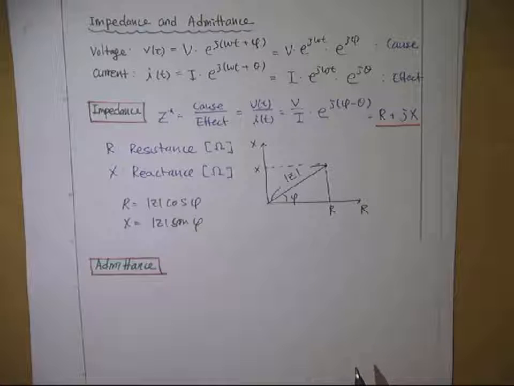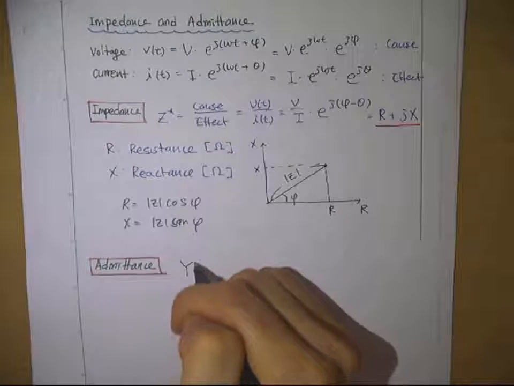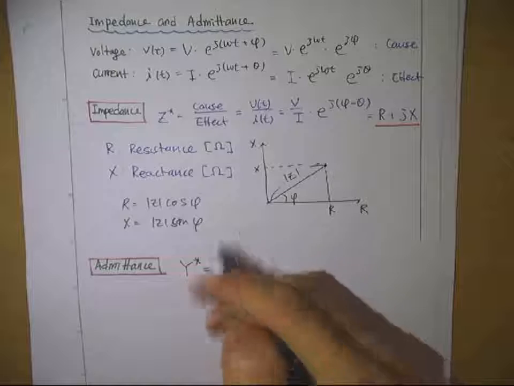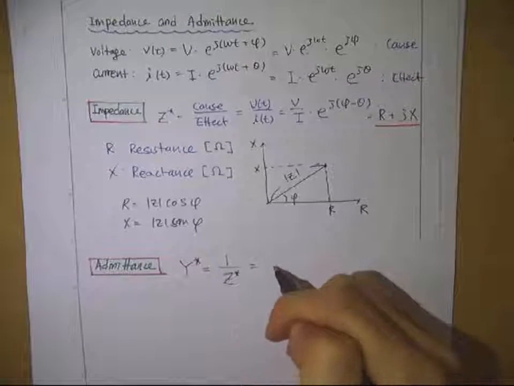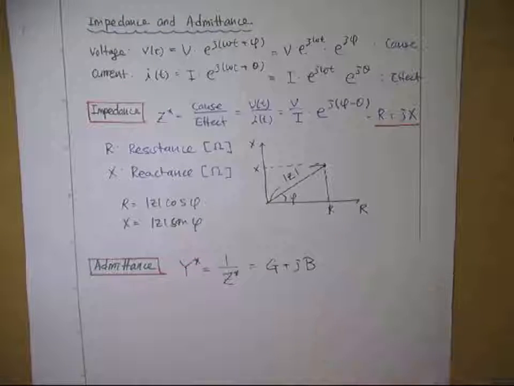And the definition of the admittance is the reciprocal of impedance. So for admittance, we use Y, and it's also a complex number, Y star, Y asterisk, and 1 over Z star. That's G plus jB.